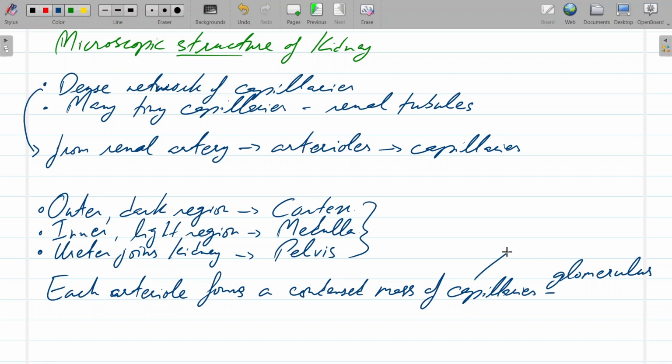And this is in the cortex. I'll show you an illustration of this once I'm done explaining it. And the glomerulus is surrounded by a cup-shaped structure.